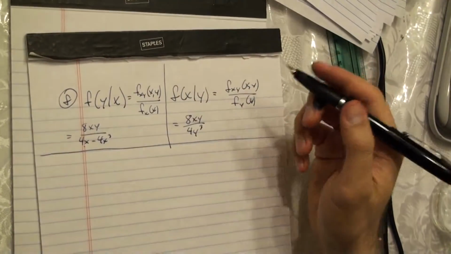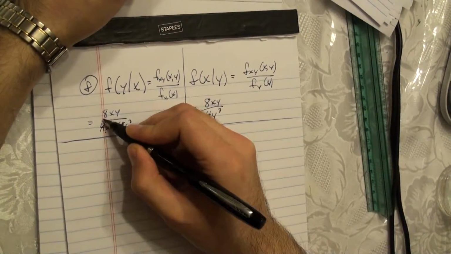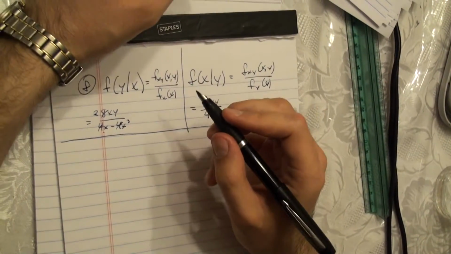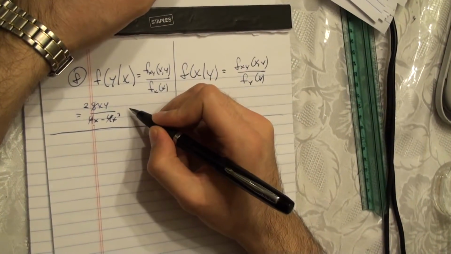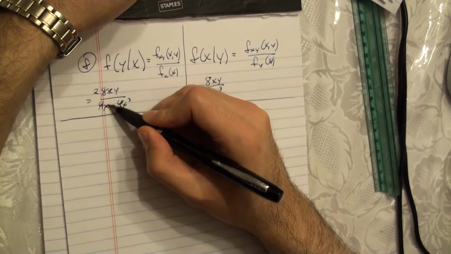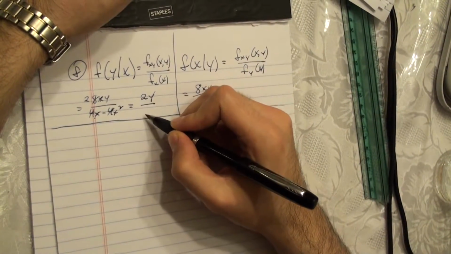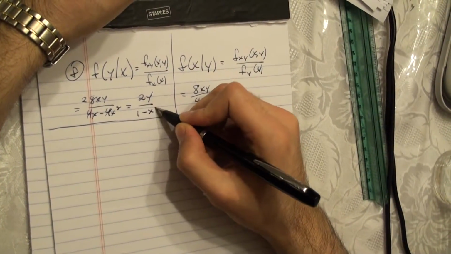Let's clean this up a little bit. These 4's cancel with this 8 to make a 2. Also an x cancels. So what are we left with? We're left with 2y over 1 minus x squared.